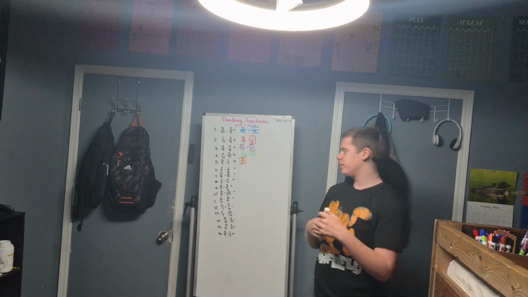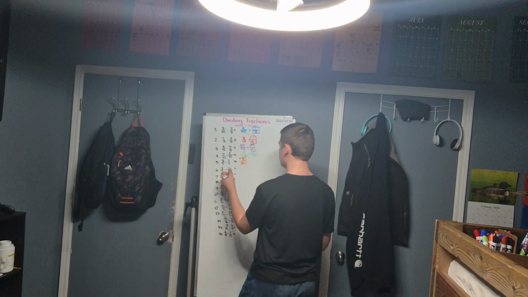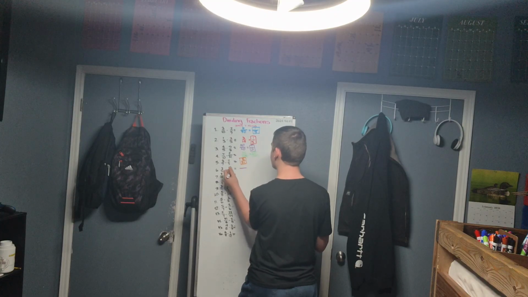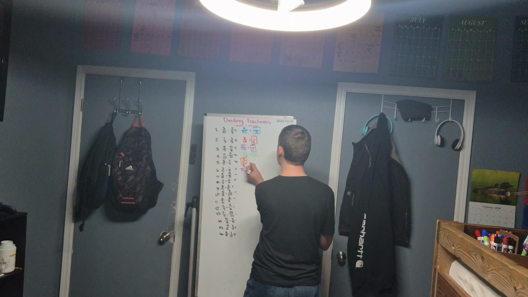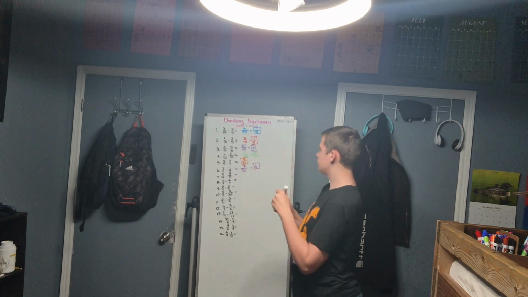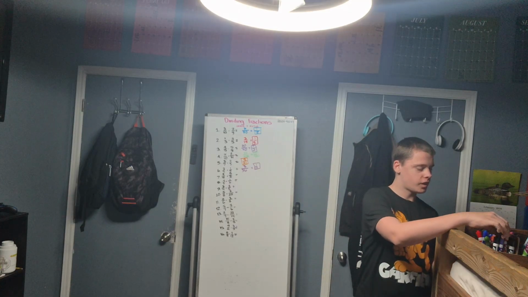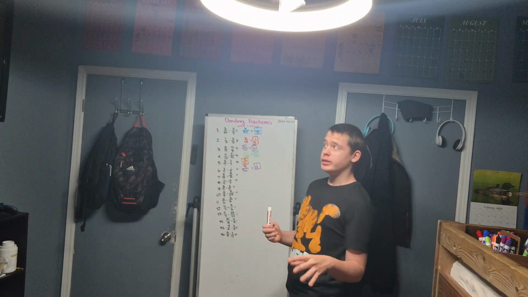Number 6. Sorry. 3/4 times 1 over 9. So that's 3 over 36. Which is equal to 1 over 12. Number 7.